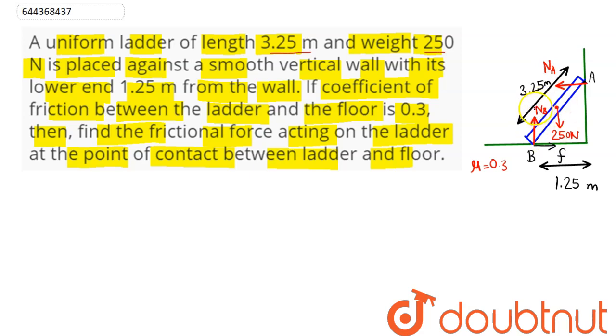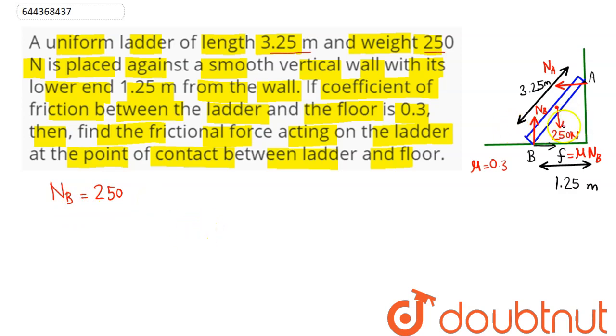So these are the three forces, NA, NB and F, and F can be written as mu into NB. First we find the vertical direction: the force is NB, and in the downward direction we have 250 Newton. So NB comes as 250 Newton.